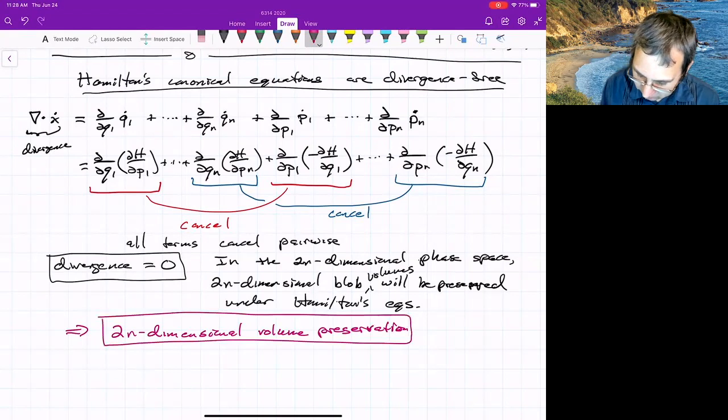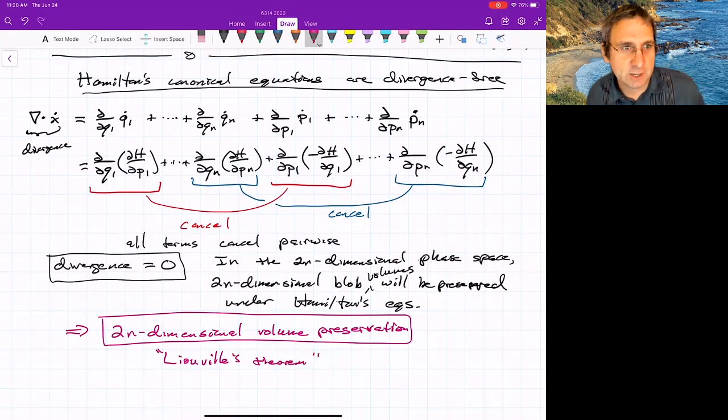This sometimes goes under the name of Liouville's theorem. I guess Liouville was the first to do this simple calculation up here. I don't know, but there it is. So if you see, oh, this follows Liouville's theorem, yeah, that's all it means.